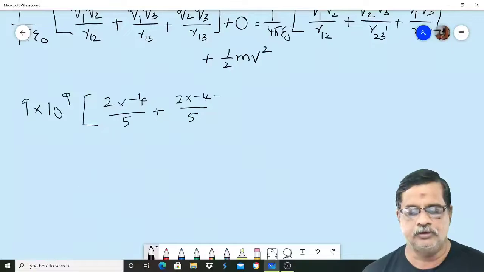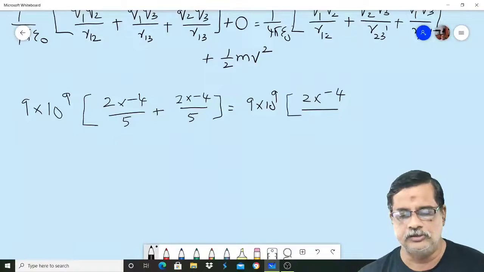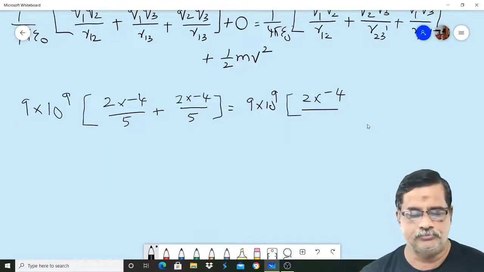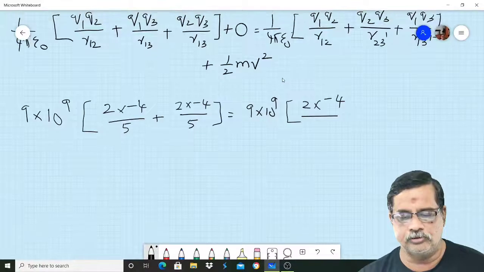This is equal to 9 into 10 raised to 9 into 2 into minus 4 divided by... now we have got this term, the first term got cancelled. So this is q2 q3, and q2 q3 is 2 into minus 4.